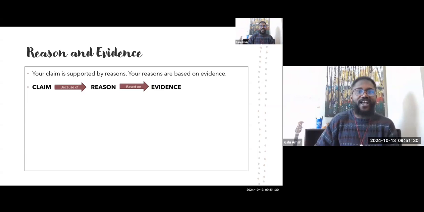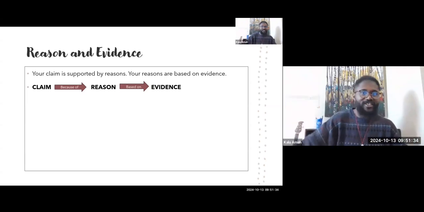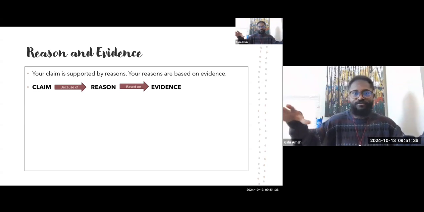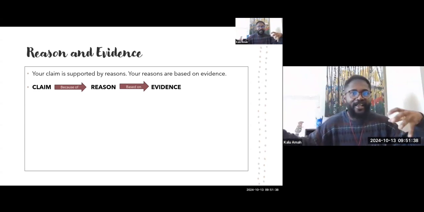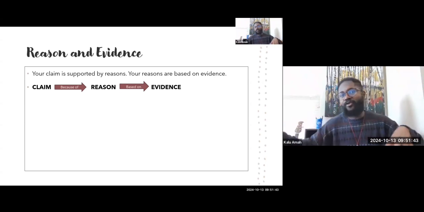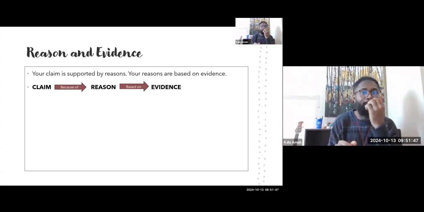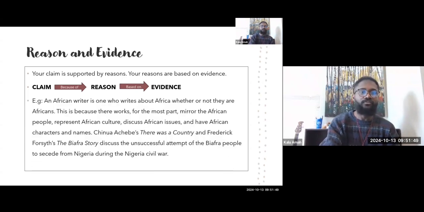And in your evidence, this is where you bring in your examples, your sources, people you've read about, maybe Charles Nnolim, Meno, Kalu Ama, who have also written something concerning that particular area. So let's now go. An African writer is one who writes about Africa, whether or not they are Africans. That is your claim.